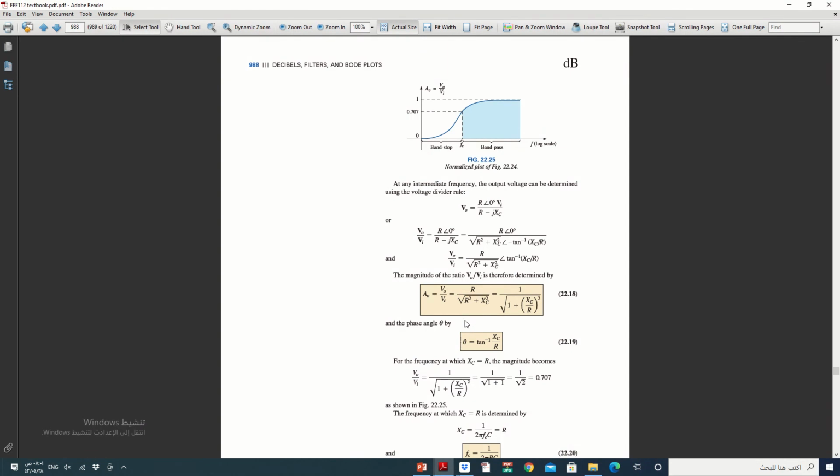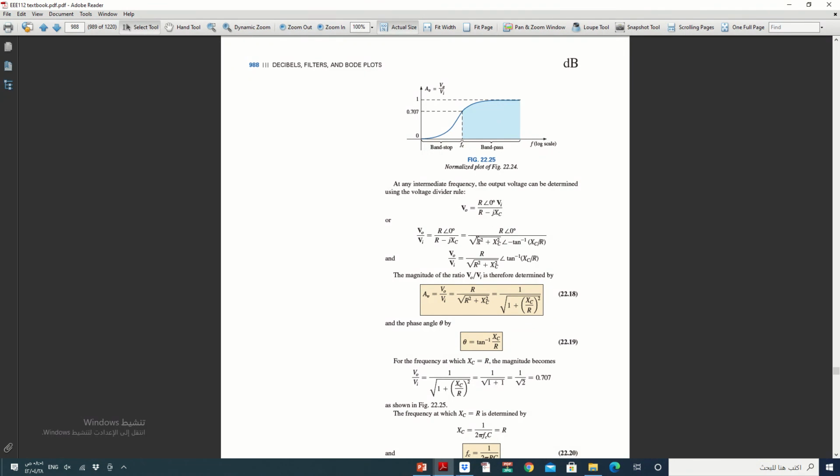Now if we need to derive the equation, we can say by the voltage divider rule, R multiplied by V input divided by R minus jXC.